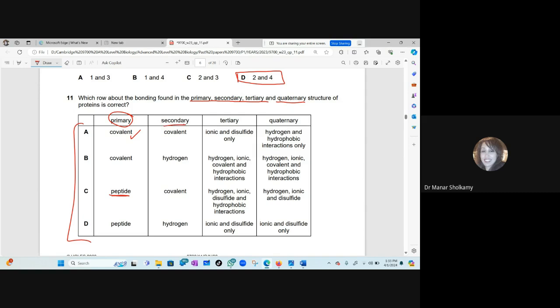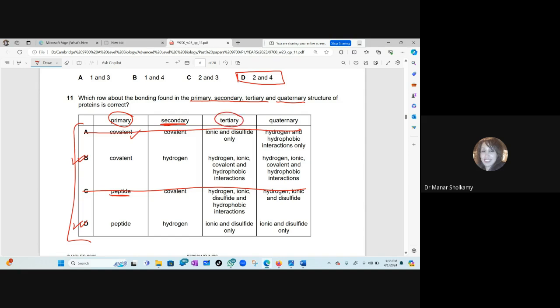Now the secondary bond, which is the alpha helix and the beta pleated sheet. What is the main bond that will hold it in place? Hydrogen. So this is going to narrow down my results to either B or D. I'm going to exclude C and exclude A. Okay, now the tertiary. I have all the bonds.